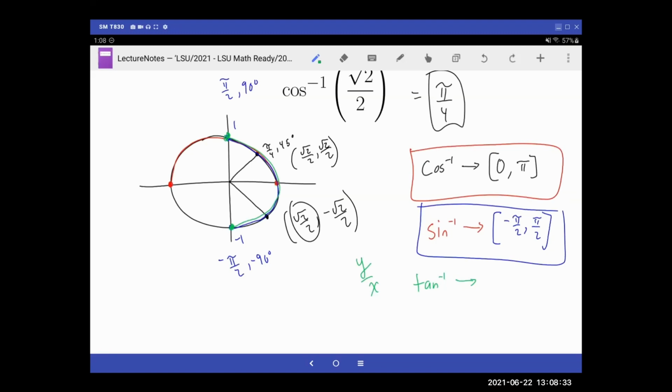X would be 0 here and here. So let me maybe backtrack a little bit. Open circle there, open circle there. So practically speaking, there's not going to be really anything different there. It's just -pi/2 to +pi/2, but this time, no endpoints, okay? So I want you to keep those ranges in mind as you're working through these.